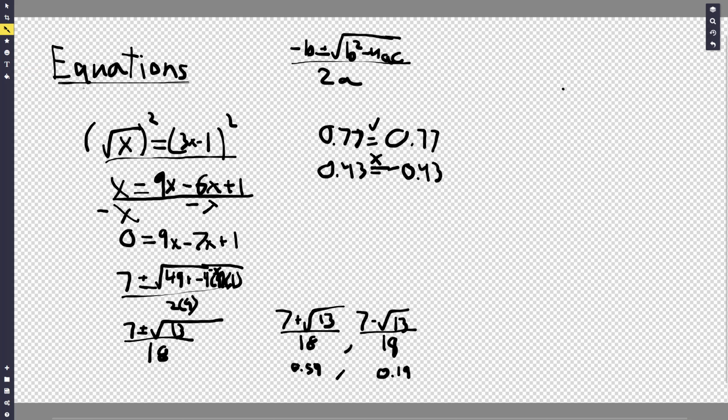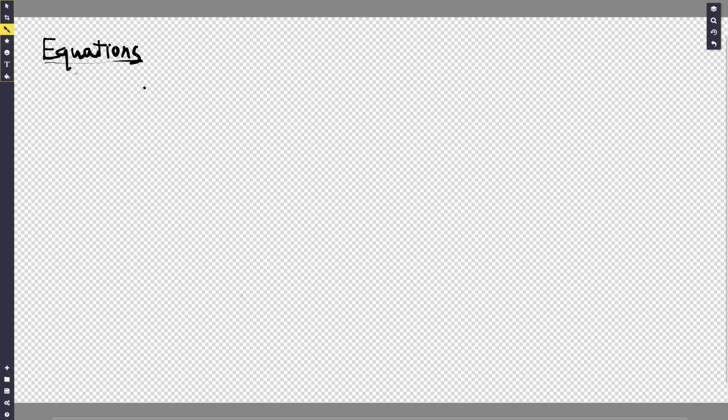And now let's make equations that have extraneous solutions. Let's say that when x is equal to 4, we're going to solve for d so that the equation square root of 6x plus 49 is equal to 2d plus 4x has an extraneous solution.